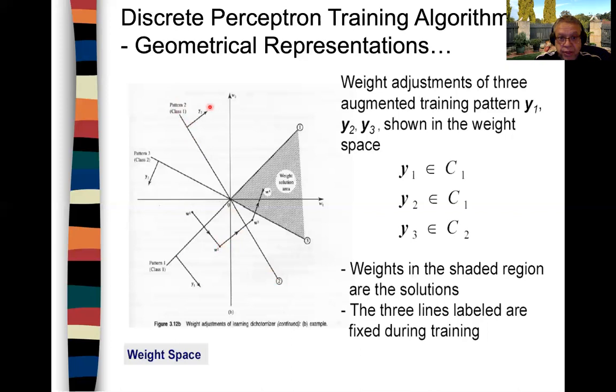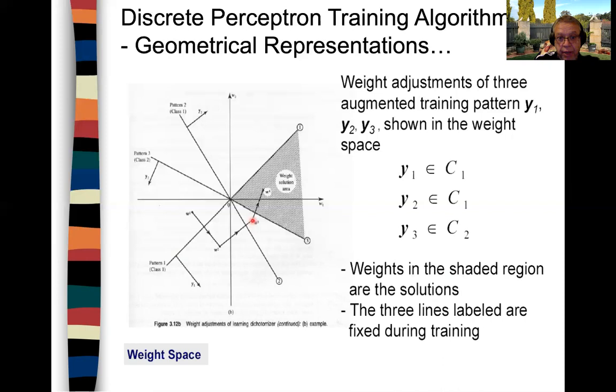So plus C times this Y2 here. So I would be moving in this direction, in the same direction as Y2. Same thing, here I moved in the same direction as Y1 because it belongs to class 1. I moved in the same direction as Y2 because Y2 also belongs to class 1.